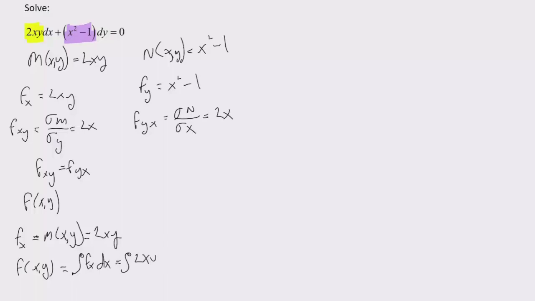So 2xy dx. Okay, and so I'm going to integrate with respect to x, which is going to give me x squared y plus, and because I integrated a partial with respect to x, that means potentially there could be some function with respect to y that I just don't know about. Okay, so I've got a little bit of a snapshot. I know the main function looks something like x squared y plus, and then in theory some function in terms of y.